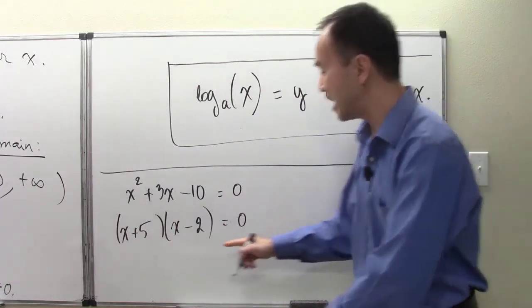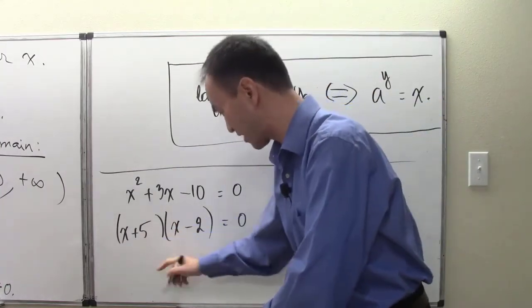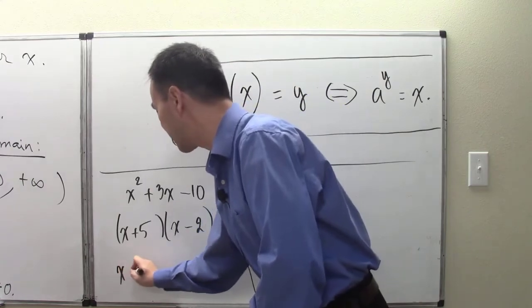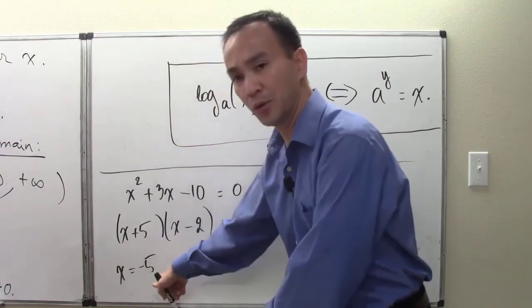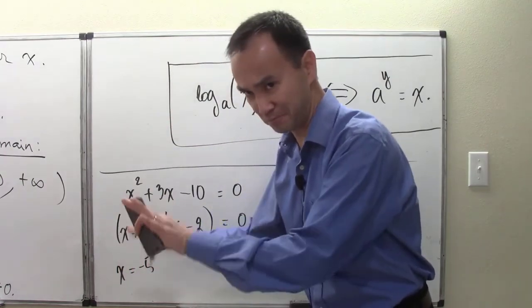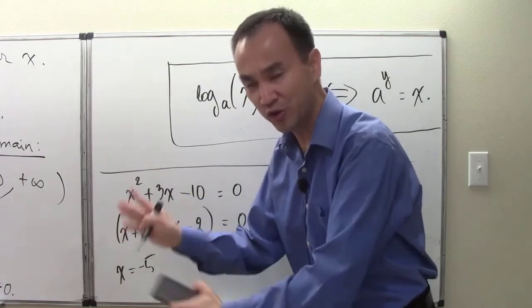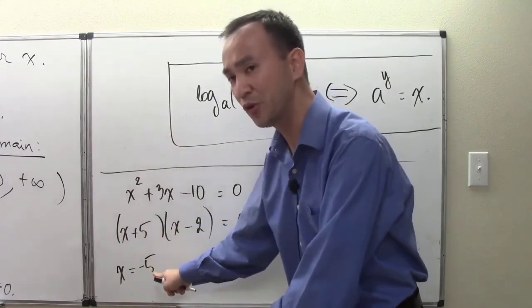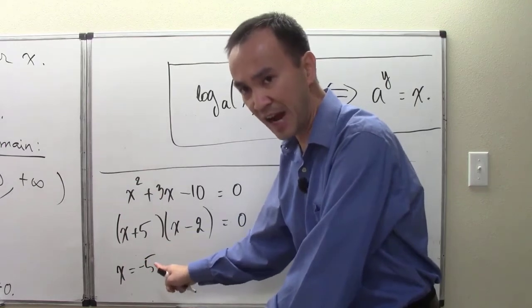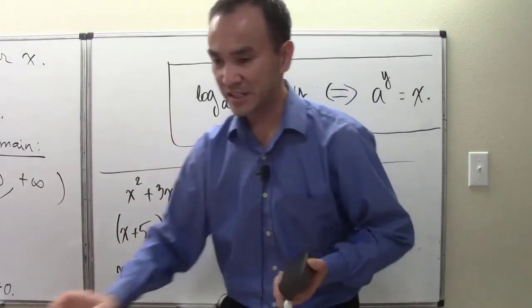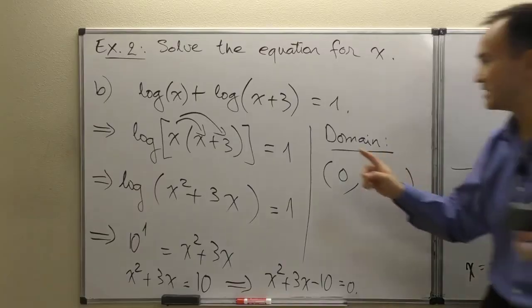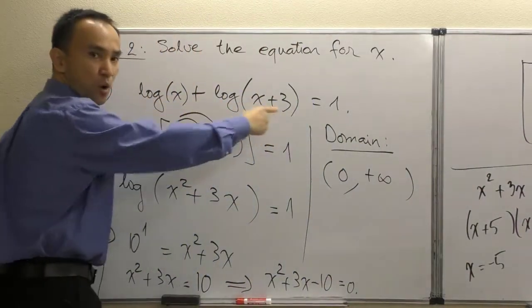Now from this, we can easily come up with x equals negative 5 as one solution. But instead of calling that the final solution, I'm calling it a tentative solution, a tentative x value satisfying the equation at the start.